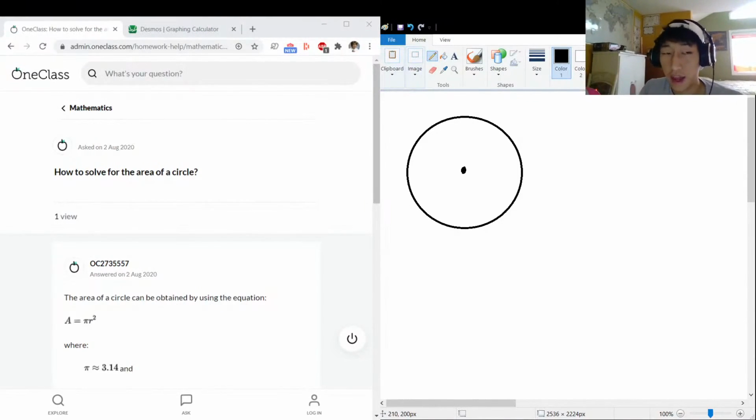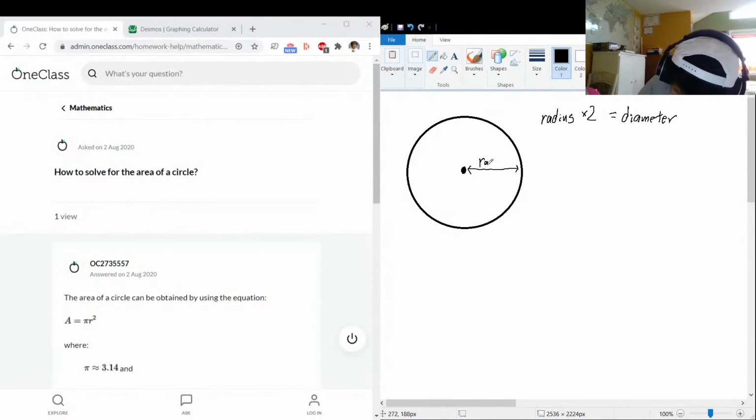To find the area of the circle, there's a couple ways that we can do this. Either that we know the diameter or we know the radius. And if you know one, you know the other. So we know that radius times 2 is equal to diameter. So I'll draw what the radius is.